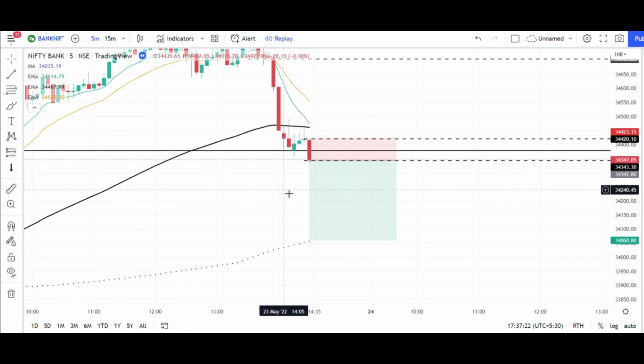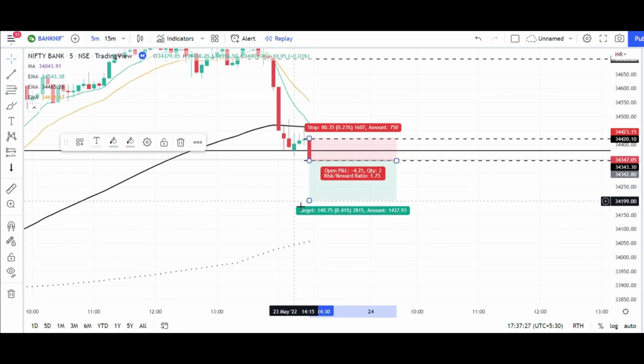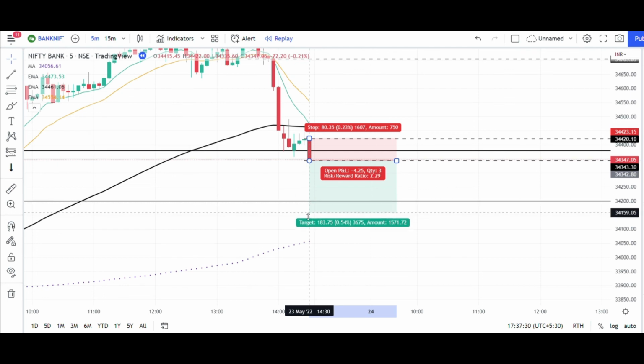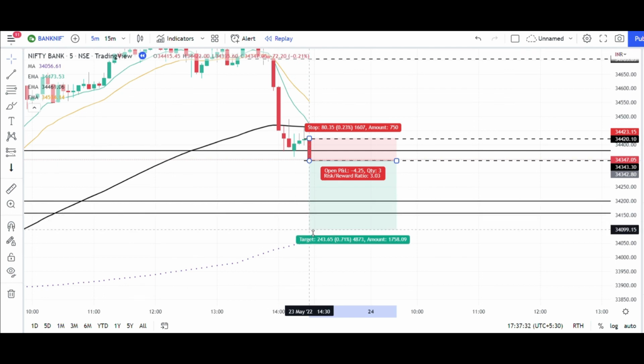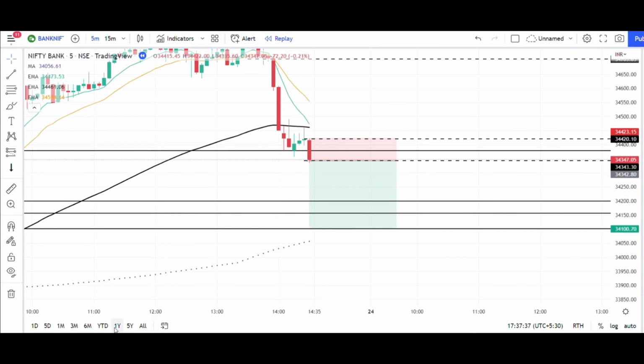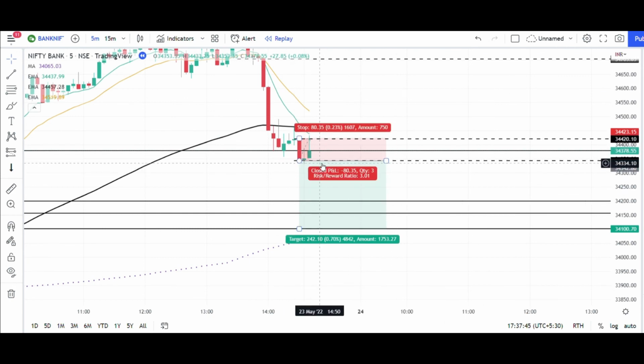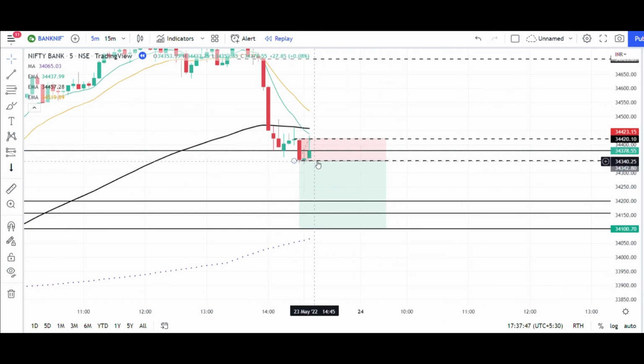Let's see, and in between our standard ratio should be applied. 1:1.7 almost here. 1:2.3, let's say. 1:3, let's say, if it is achieving or not. If it hits stop loss, exit. Doesn't matter, exit. And now still our entry will be here if any candle closes below this.